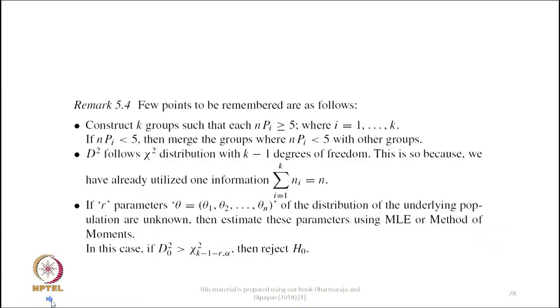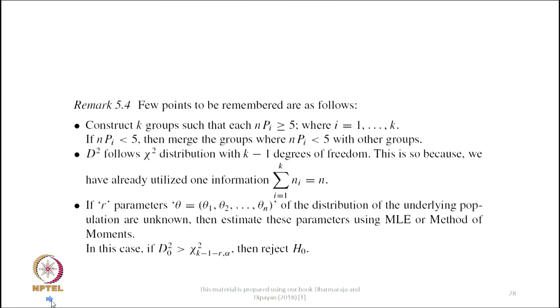The only question is how to find the k, that I am going to tell you later. Yes, now I am coming to that point. You should always construct k groups such that n times pi has to be greater than or equal to 5. It is a thumb rule.